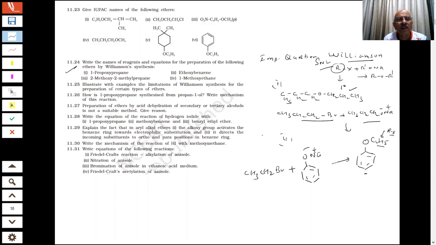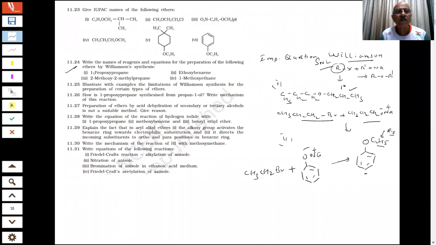Next question. What is that? Write the names and reagents and equation for the preparation of the following ethers by Williamson synthesis. You have to write. First, you should be able to write the formula of this.